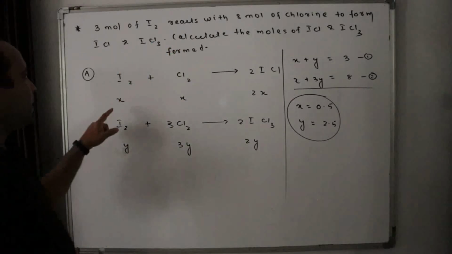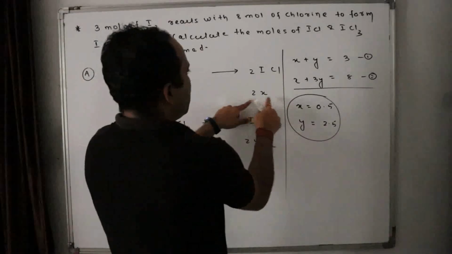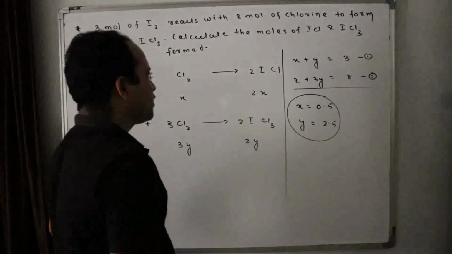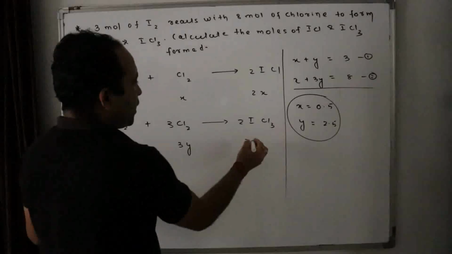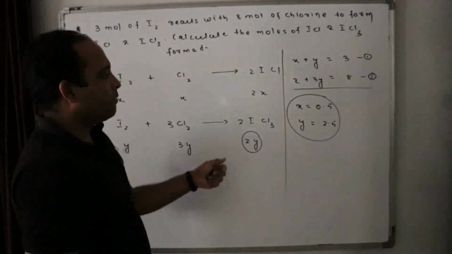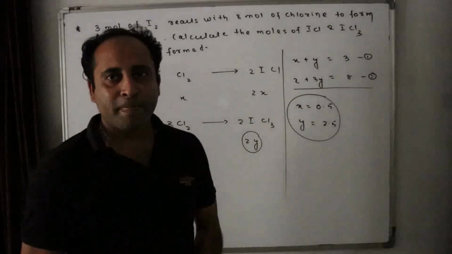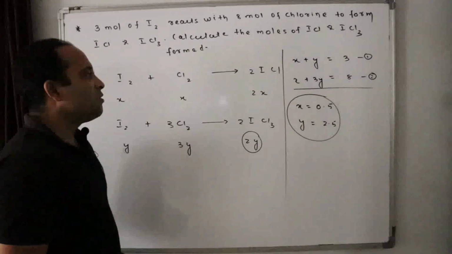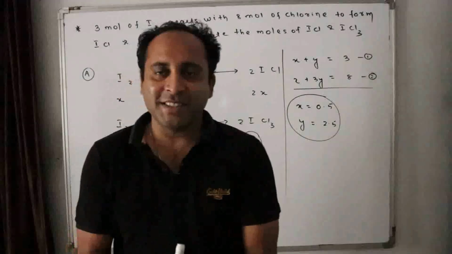For ICl it is 2X, X is 0.5, so 0.5 into 2, 1 mole of ICl is formed. And for ICl3 it is 2Y, Y is 2.5, so 2.5 into 2, 5 moles are formed. Did I get this answer? Completely clear? Or you can use the unitary method to calculate. It will be very easy. So did you understand this question?